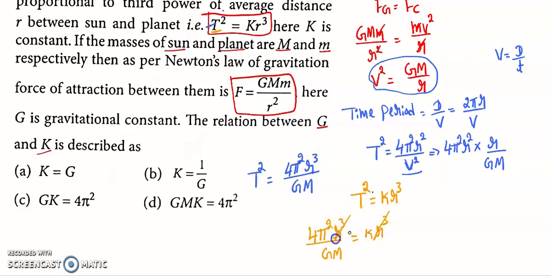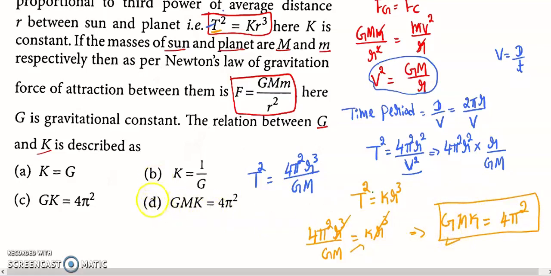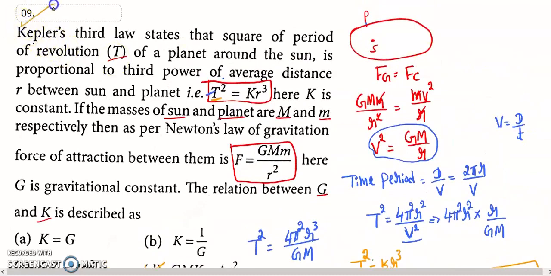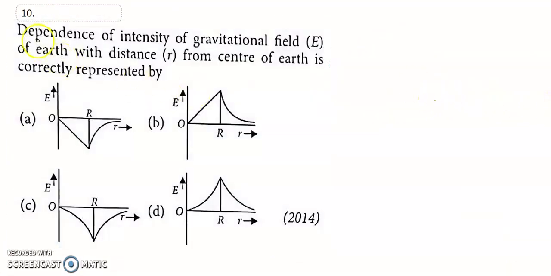Now r cube gets cancelled, so the answer is GMk equals 4 pi square. This is the suitable answer among these options. Option D is the correct answer for the 9th question. So let's move to the next question, question number 10.